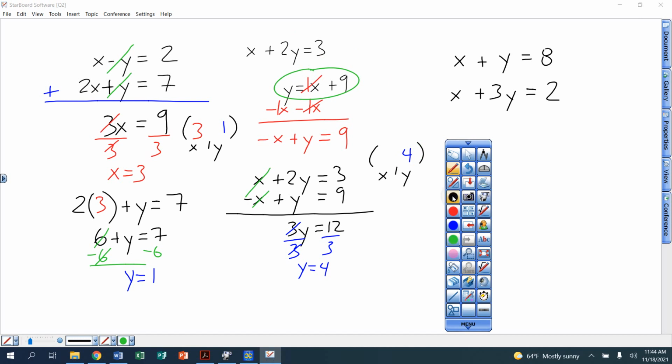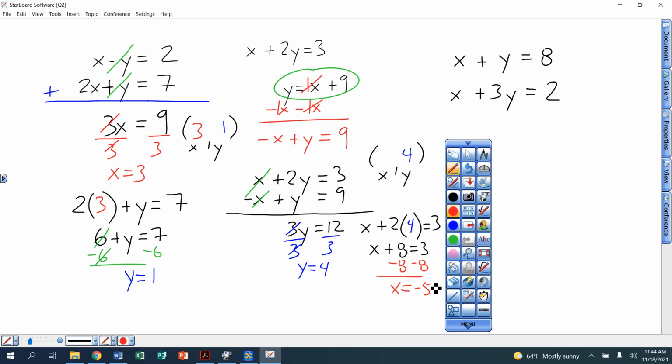So if I do it the right way and plug that number in for y, it goes right here, equal to 3. That will give me x plus 8 equals 3. Take away 8 will give me my x number, which is negative 5.